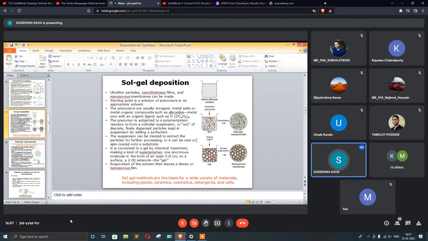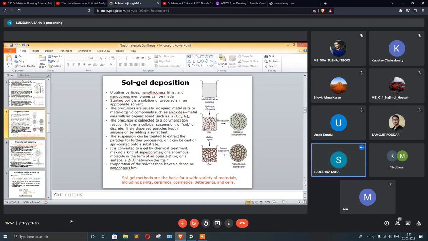And if you further treat this sol by chemical treatment, making it a kind of super polymer, where one enormous molecule in the form of an open 3D network is formed, that is known as gel. Then if you go for solvent evaporation, you will obtain nanoporous membrane kind of structures.